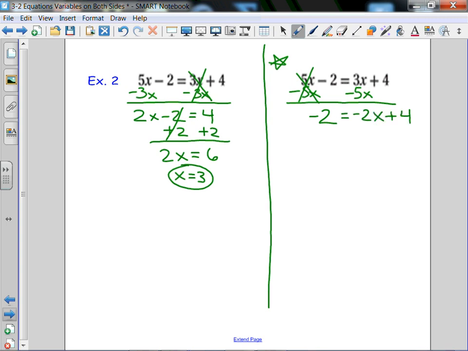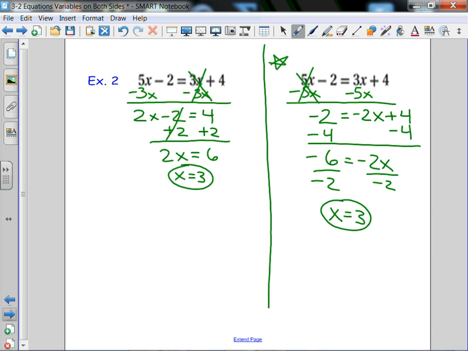And now I do the problem a little different way, but I will still get the same answer. So I'm going to subtract 4, I will get negative 6 equals negative 2x, and then I divide by negative 2, and I will end up with x equals positive 3. Either way, I get the same answer.